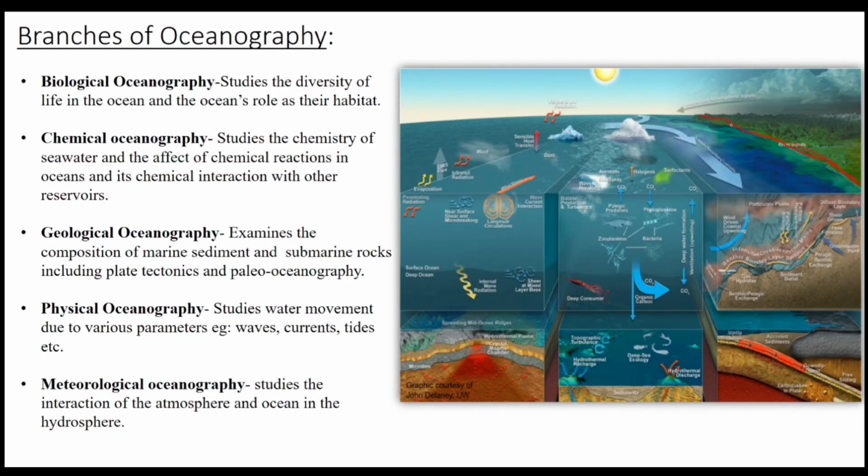This is the coastline, and from here the topography goes downwards like this. Don't worry about this, we will go through each and everything in a very detailed manner later on.